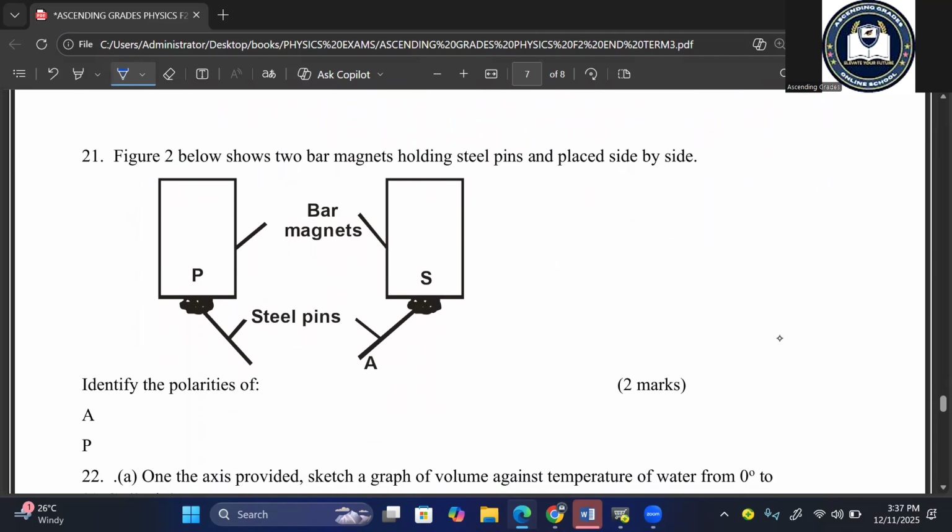The first thing that you need to understand from this one is this one is a south pole. So it is going to induce a north pole here. So this one automatically becomes a south pole.